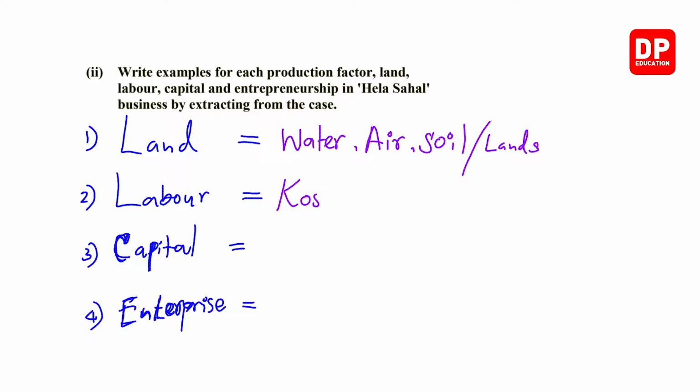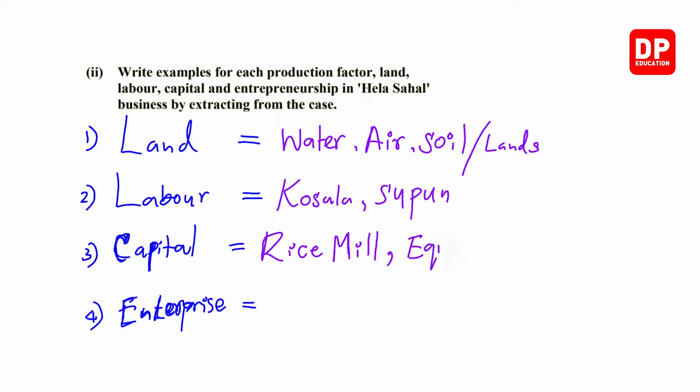Kosala, Supun, both are under labor. Under capital: rice mill, equipments, cash.